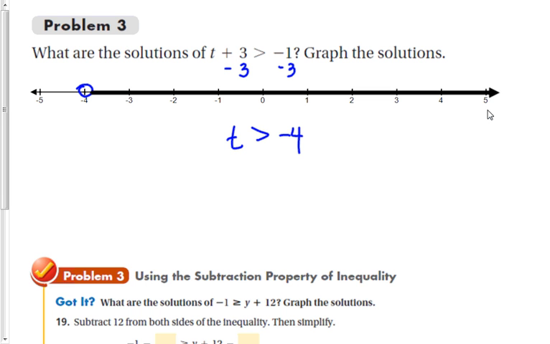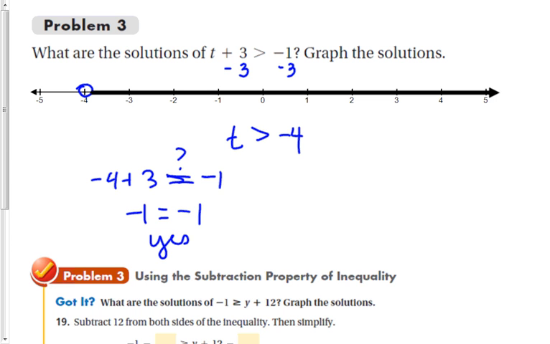All right, and then I'm going to check that when I substitute in -4. So -4 plus 3 should be equal to -1. We did this right, and that's true.